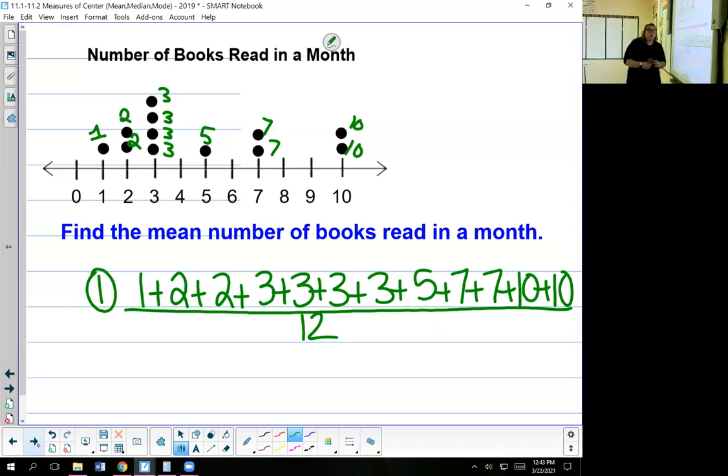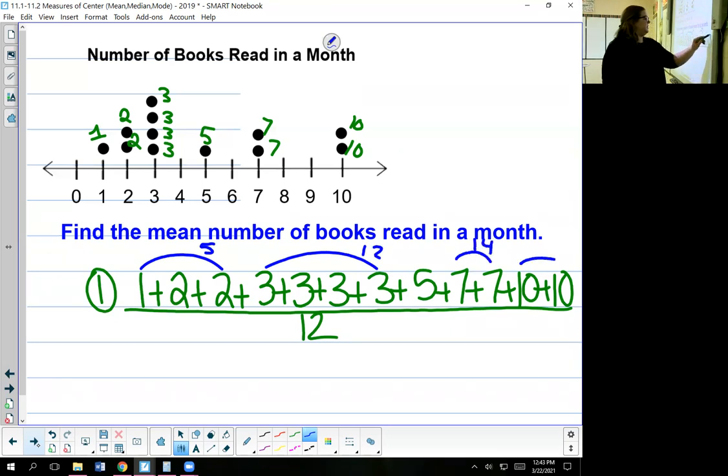Now, instead of typing 1 plus 2 plus 2 plus 3 plus, no, let's make it a little easier on ourselves. Mentally, I can go, okay, this is 5, 3 plus 3 plus 3 plus 3, that's 3 times 4, which is 12. Okay, this is 14, this is 20, and then I got a number 5.